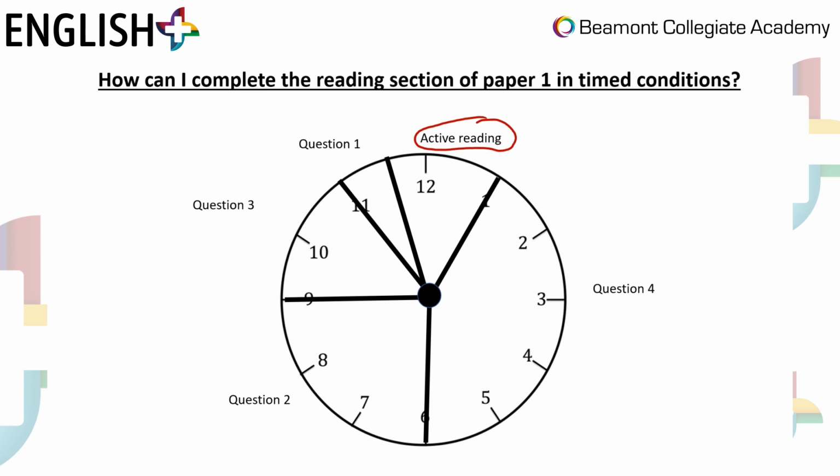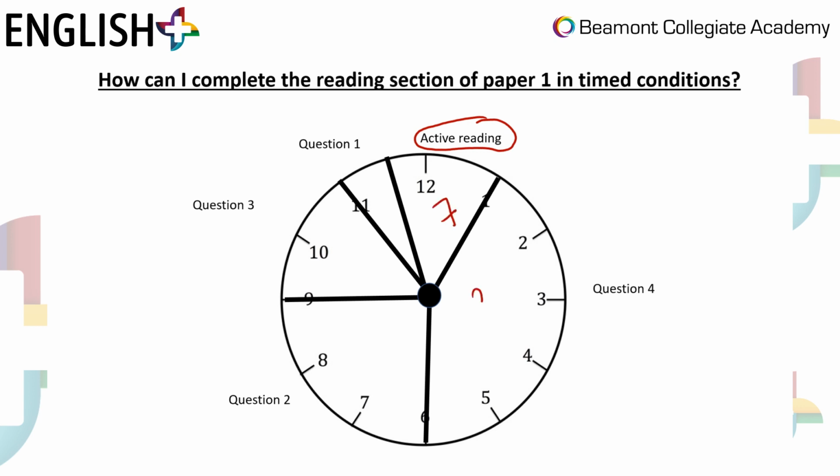It's unfamiliar. You've done your narrative. You're desperate to get started. I have actually set aside 7 minutes for active reading, and I'm going to show you in a minute what I mean by that. It's not just sitting there reading it over, getting the gist, and then trying to answer your GCSE reading questions after just having a skim over. So, 7 minutes for active reading.